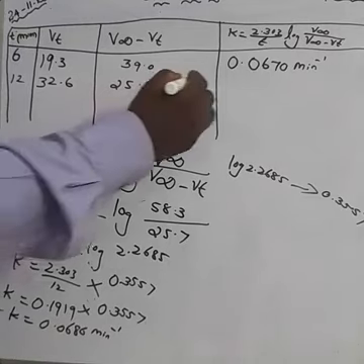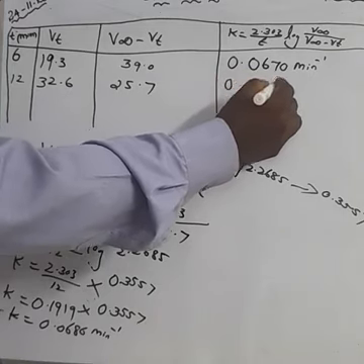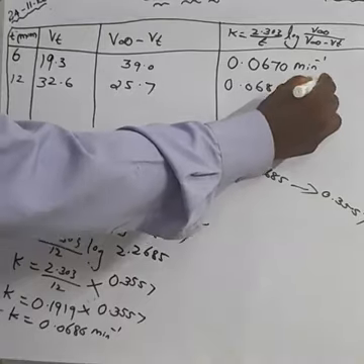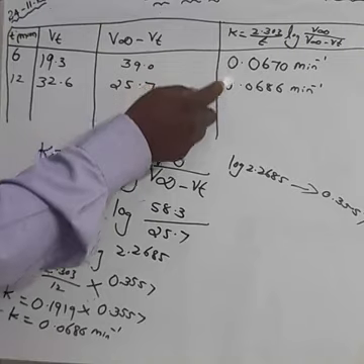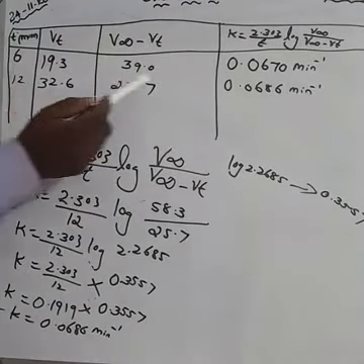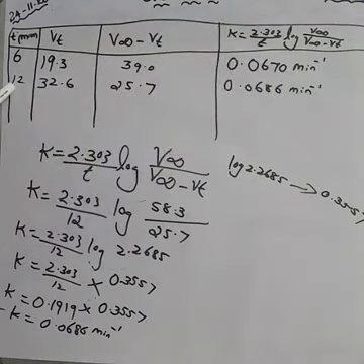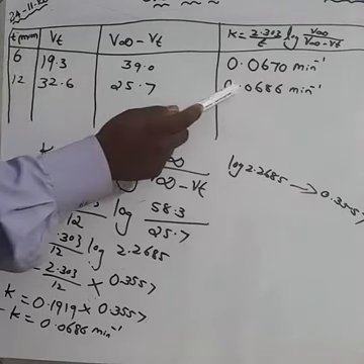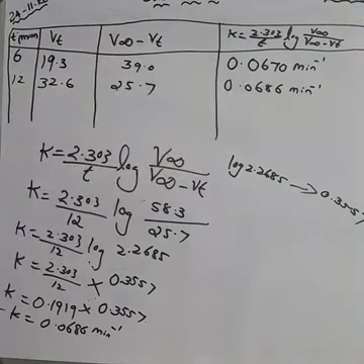Here the two values are almost constant. The first 6 minutes gave 0.0670 minutes inverse, and for the next 6 minutes, that is 12 minutes, 0.0686, almost the same value.